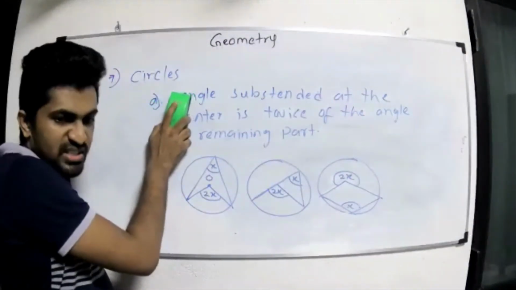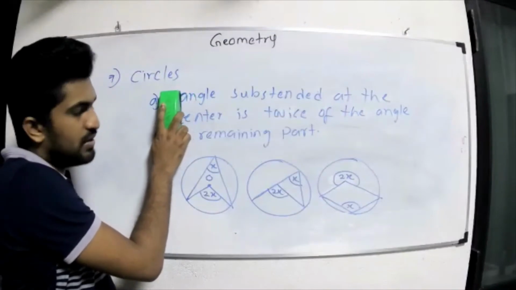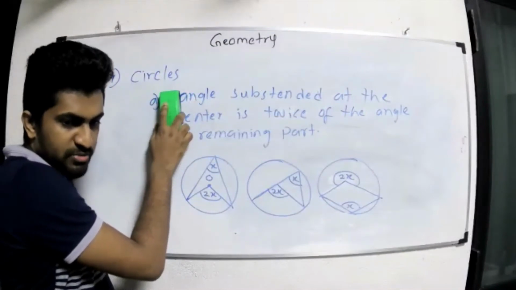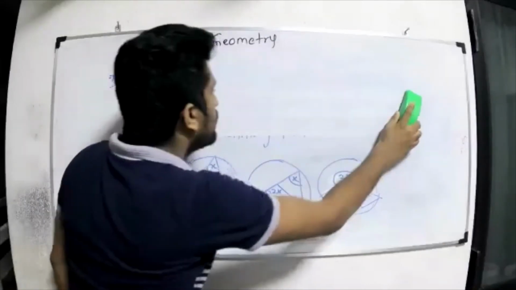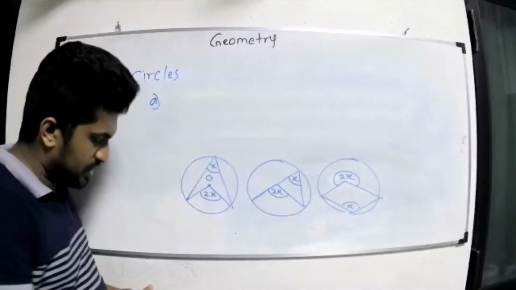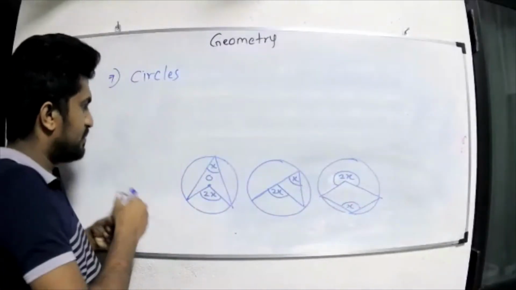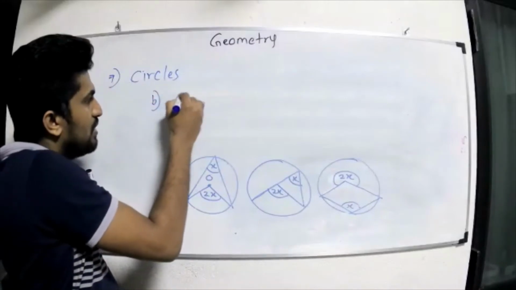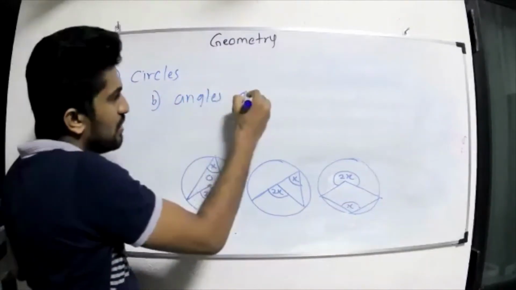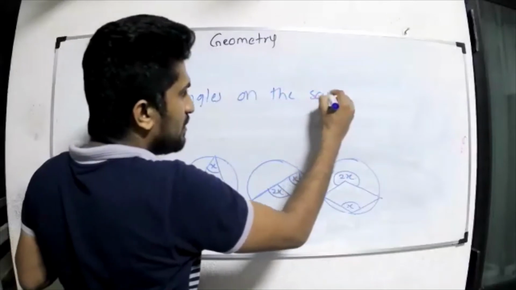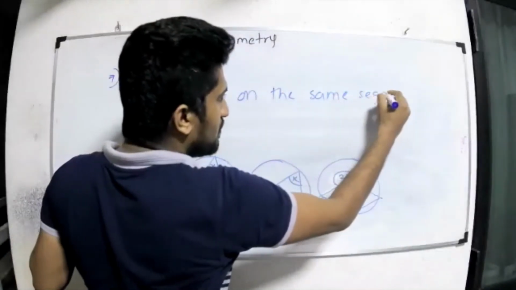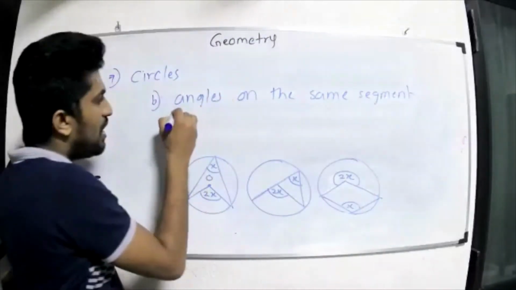I'm going to erase this topic, Fabian. Topic only. Then put a B. In that, B1: angles on the same segment are equal.